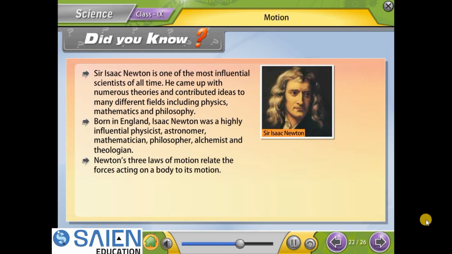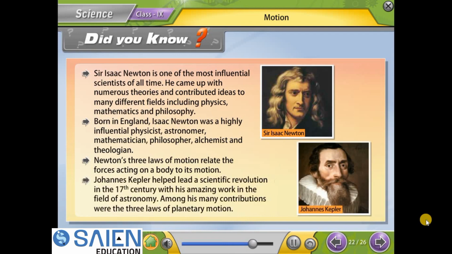Newton's 3 laws of motion relate the forces acting on a body to its motion. Johannes Kepler helped lead a scientific revolution in the 17th century with his amazing work in the field of astronomy. Among his many contributions were the 3 laws of planetary motion.